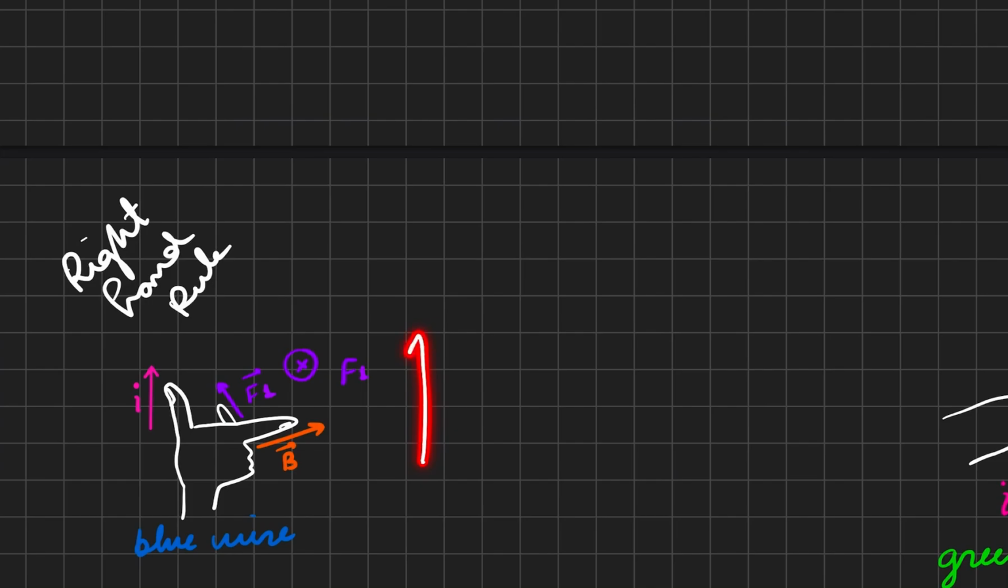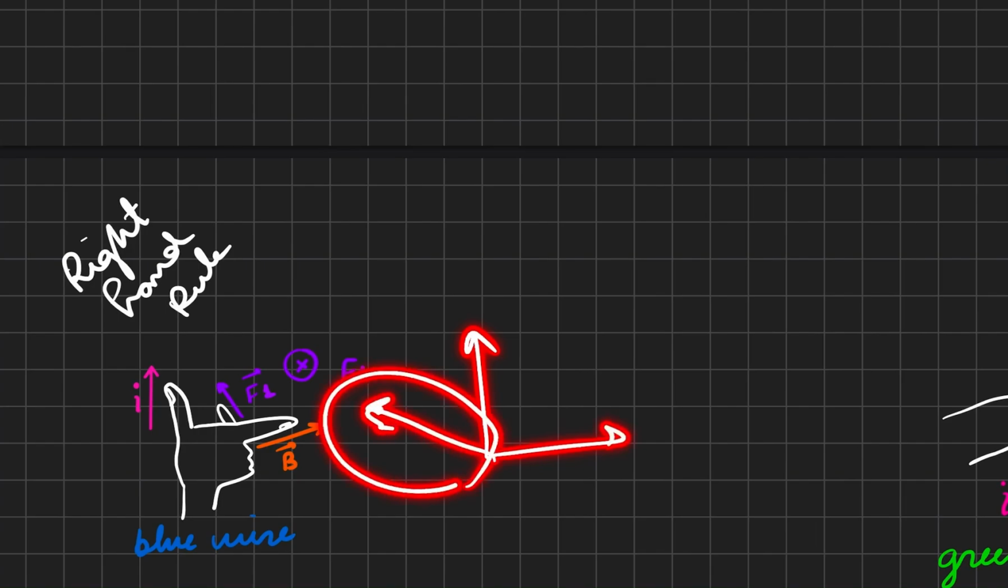Okay, so if I is upward, and B is horizontally to the right, then F would be inside. Okay, let me draw it in a better way, like this. Okay, so this means that it's going into the screen, inside.